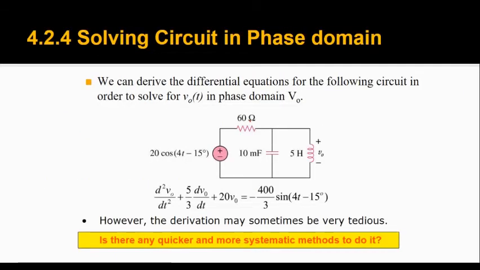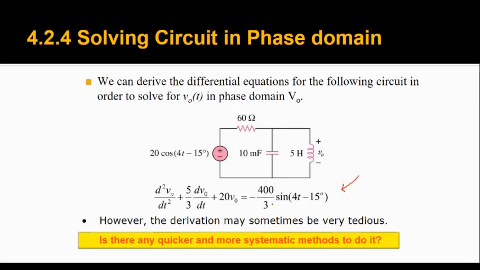Now, how do you want to solve the circuit in the phasor domain? If you want to work like this, it's going to be a longer solution, because this one is still in the time domain. We don't want to work in the time domain anymore, because it takes quite some time.